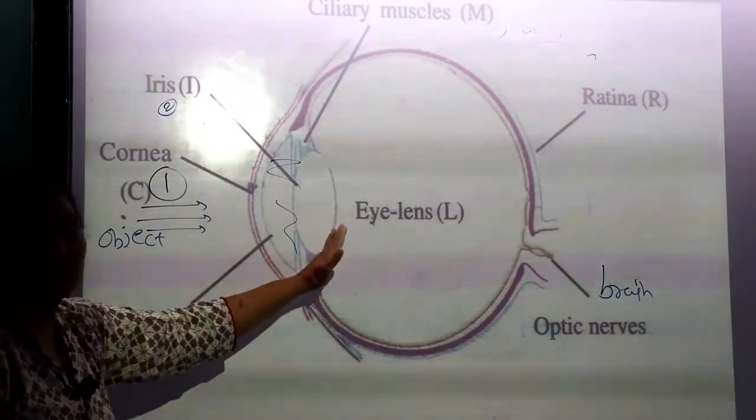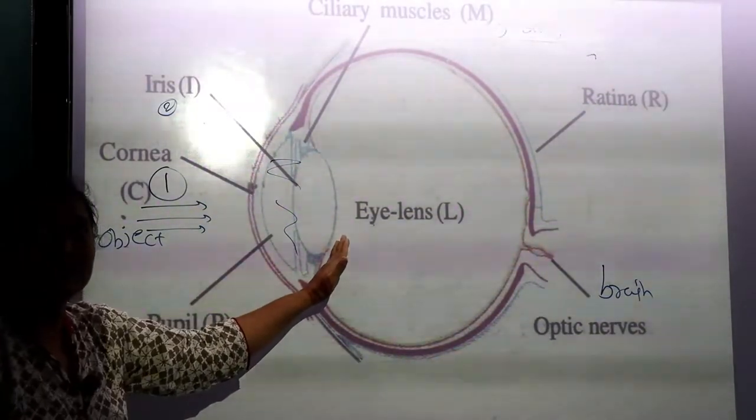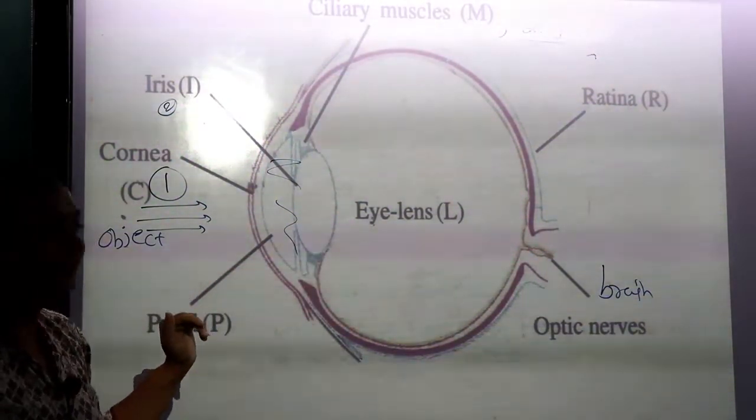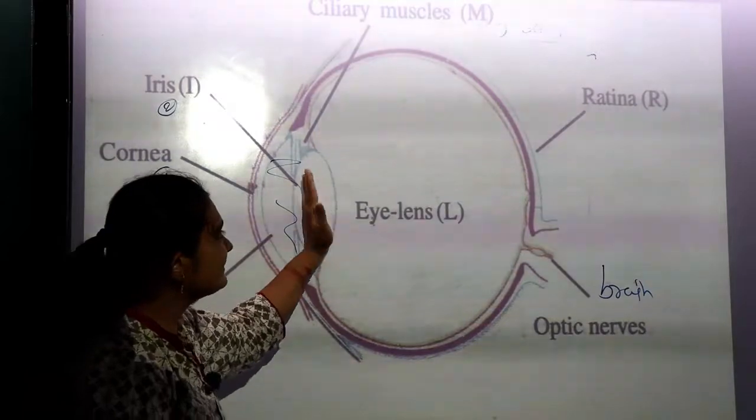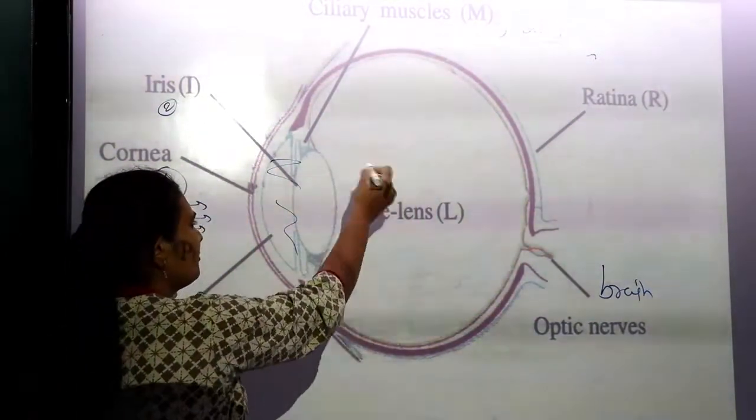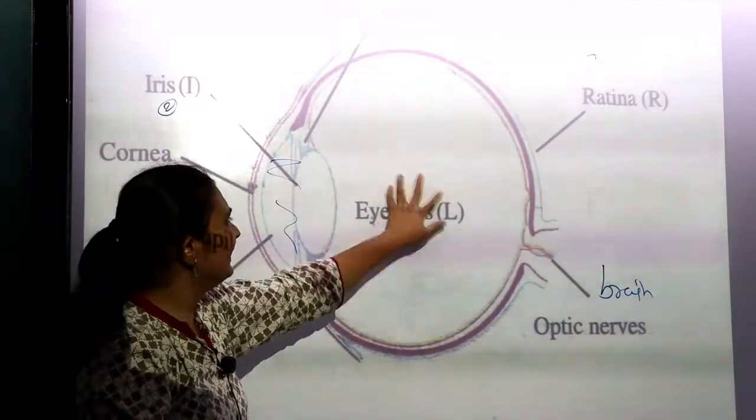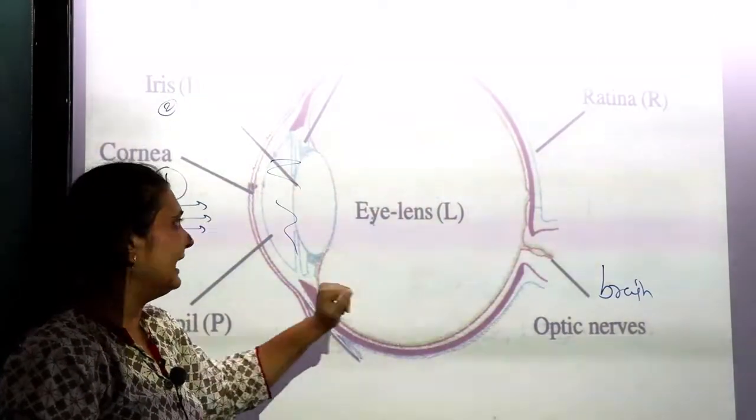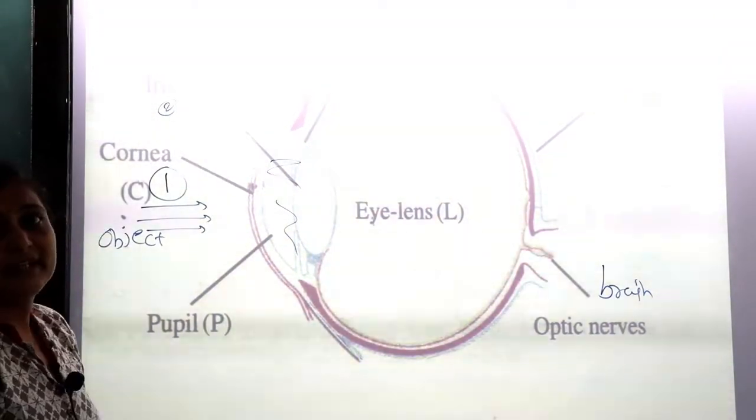And the second fluid is the vitreous fluid, that is from the eye lens to the retina. Here also one transparent jelly-like fluid is there inside the eye, that is the vitreous fluid.